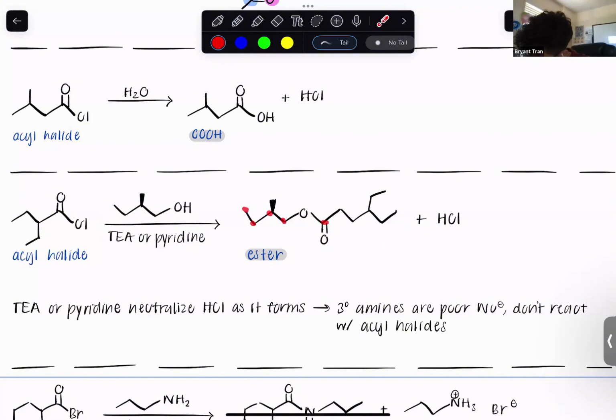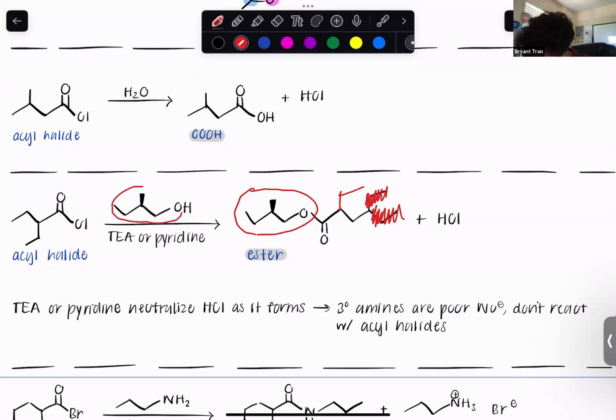Yeah, so this is the actual carbon right here. It should be like that. And then this should not be there. This should not be there, right? This right here is this nucleophile right there, right? And this Cl gets kicked off in the form of HCl, like that, okay?